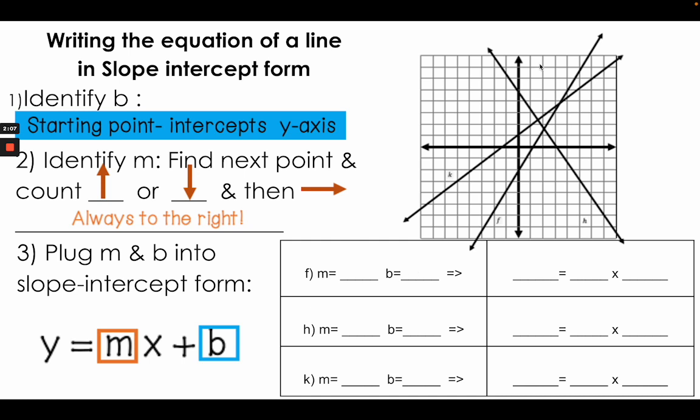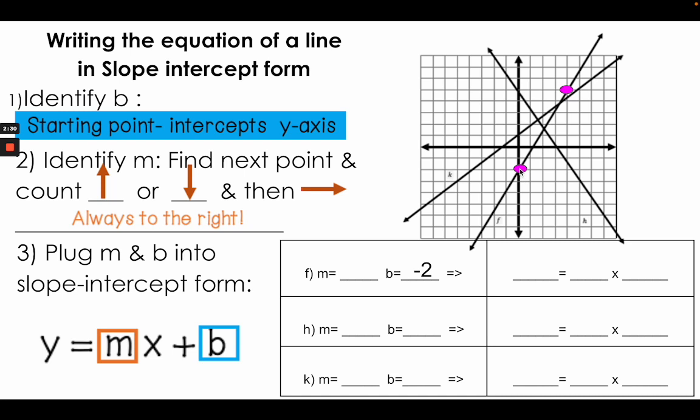So where does it cross the y-axis? As you can see, it crosses it right here at -2. I'm then going to identify the slope by walking up the line until I hit the next point. And I can see that the next point is not until there, so I'm going to put another point there.